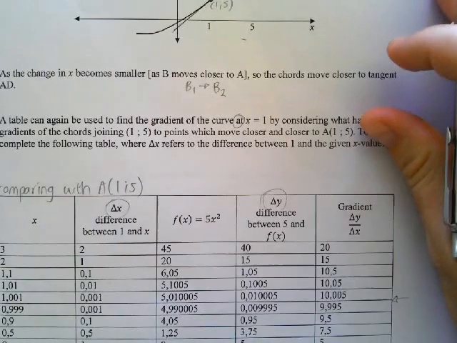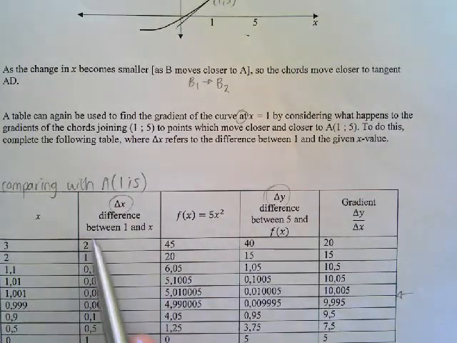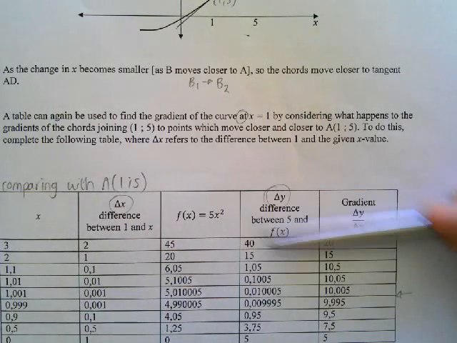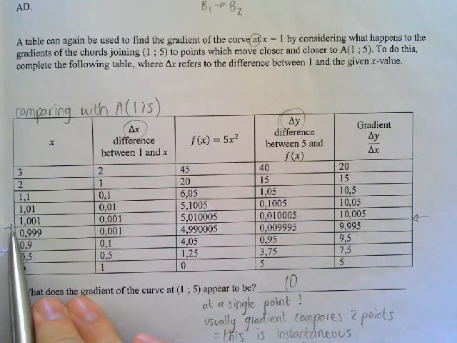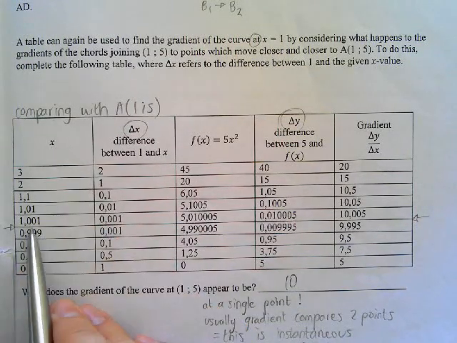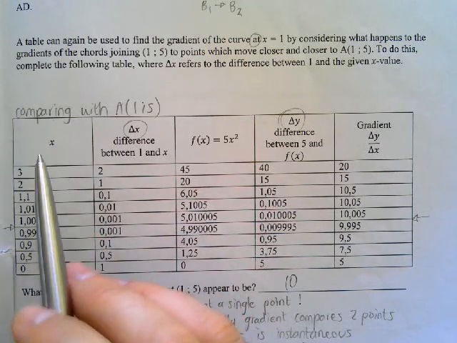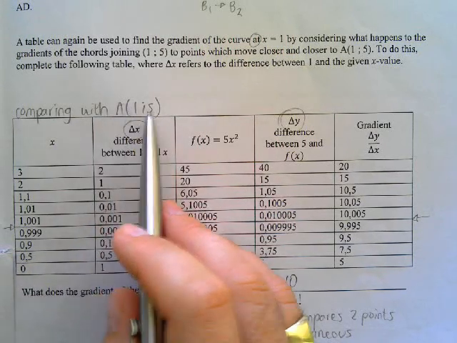That's what this whole table is discovering for you. You would notice that there is a limit kind of being discovered in this table. Do you see that? Where I've got my little arrow there and there. When x is 1, right? Because you remember we're comparing everything with our original a, which is 1 and 5.